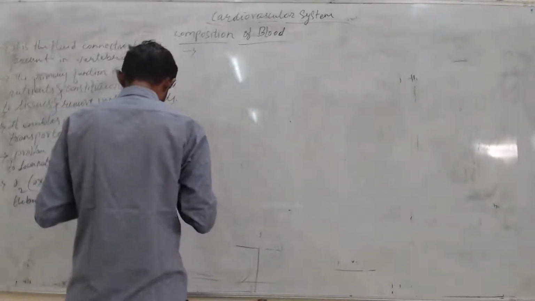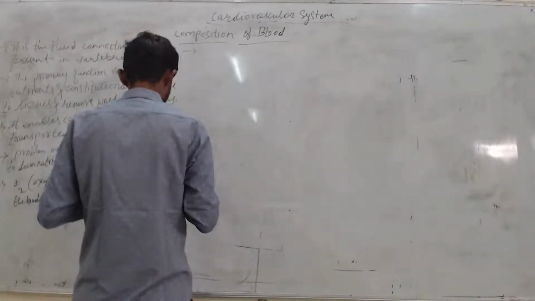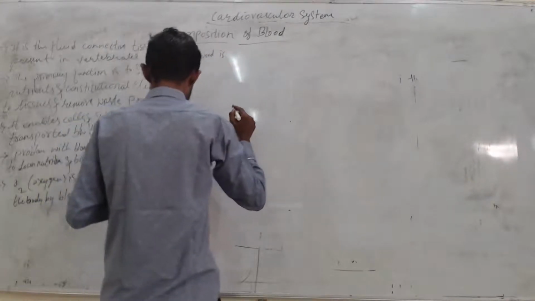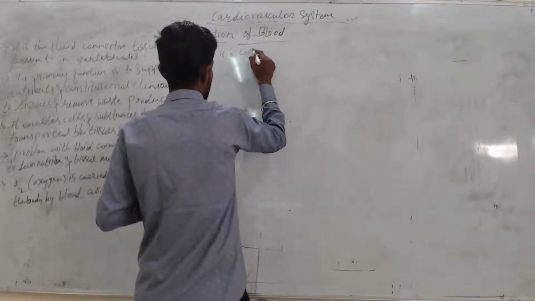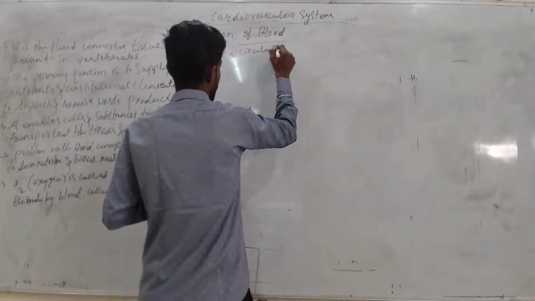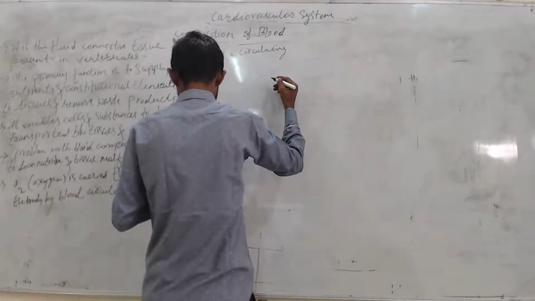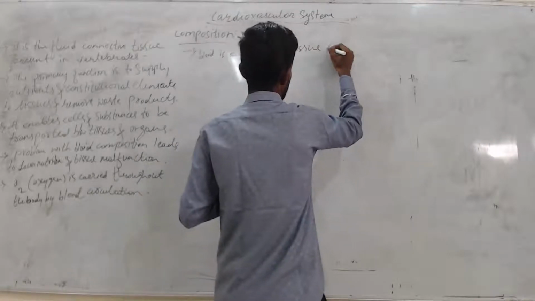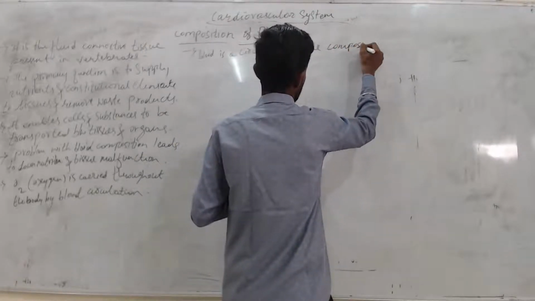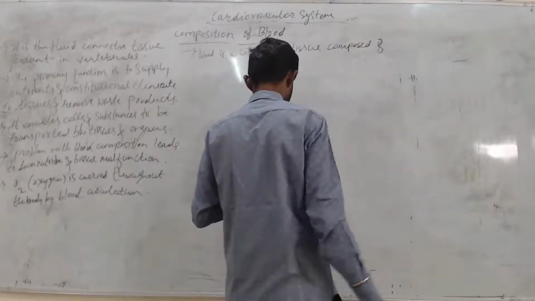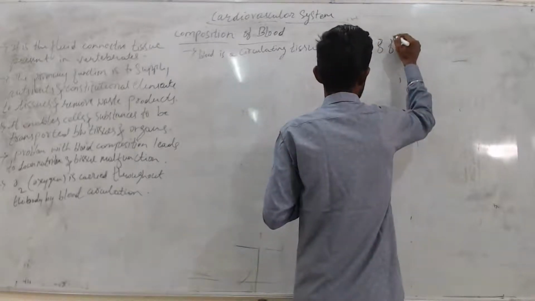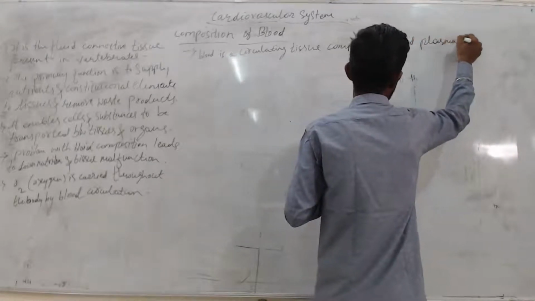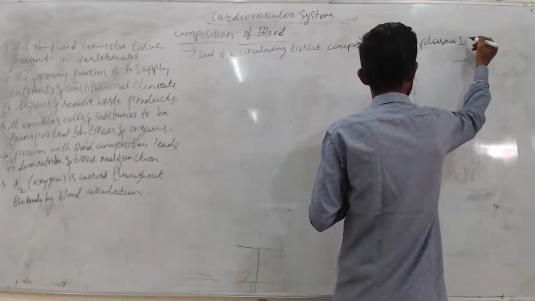Blood is a circulating tissue composed of fluid, plasma, and cells.